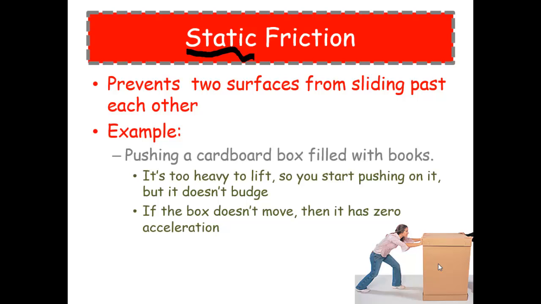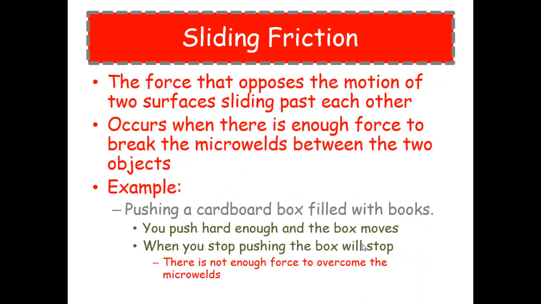Then you've got sliding friction. Now you've overcome the micro welds, you're actually able to move the object, and so now we have a friction called sliding friction. This is the force that opposes the motion of two surfaces that actually slide against each other. And as I said, this occurs when there's enough force to actually break the micro welds.